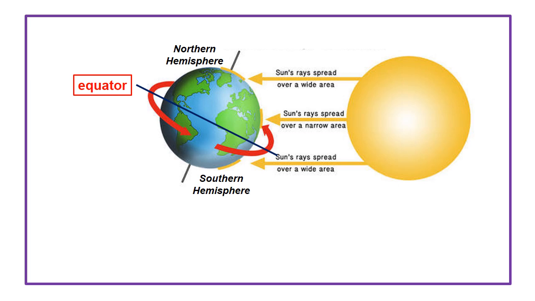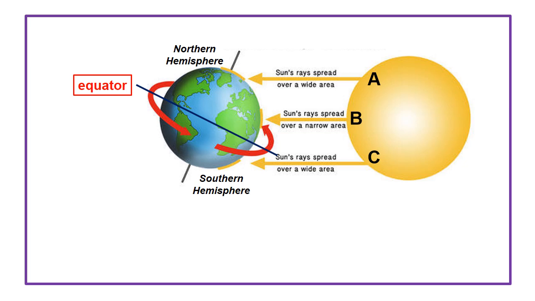Okay, let's name the three sun's rays as A, B, and C. In A, the sun's rays spread over a wide area. Remember light intensity during the first term? If light spreads in a wide area, its intensity decreases.